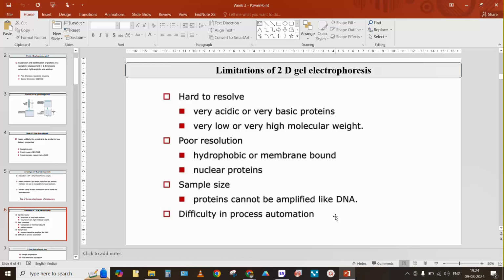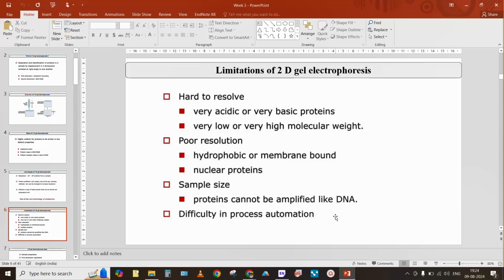There are more limitations, like protein degradation and modifications during the process. In-gel degradation: proteins may degrade or undergo unwanted modifications during the lengthy process of 2D gel electrophoresis, leading to artifacts or loss of protein spots. There is also limited identification capability and some data analysis challenges.